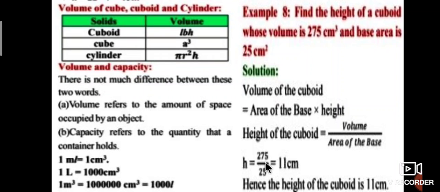That is h is equal to 275 divided by 25, that is h is equal to 11 centimeter. Hence the height of the cuboid is 11 centimeter.